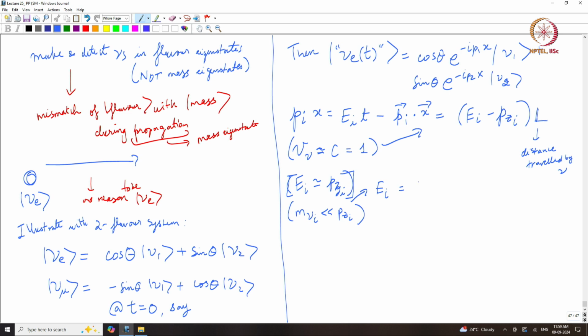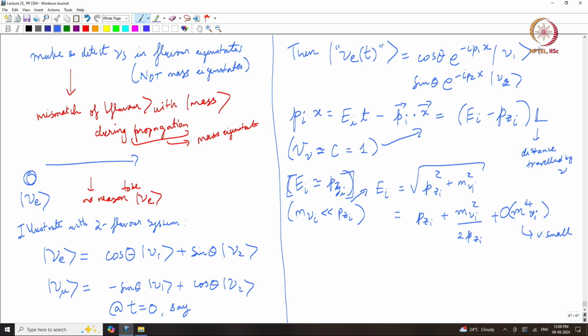The expansion is this: the energy, in the relativistic limit, is p_zi plus m nu i squared over 2 p_zi plus terms that are order m nu i to the 4th. Basically these are very small, so we are going to neglect that.